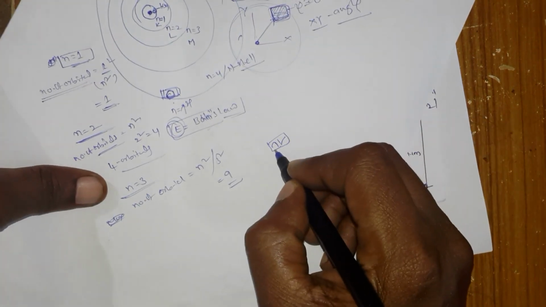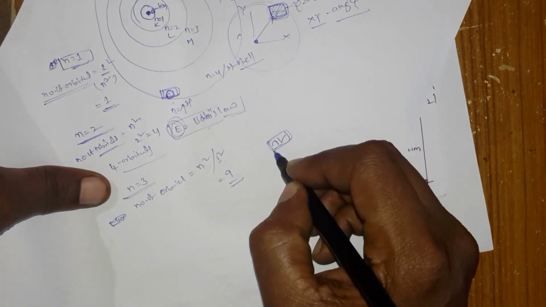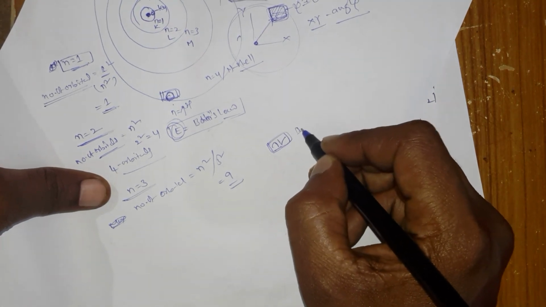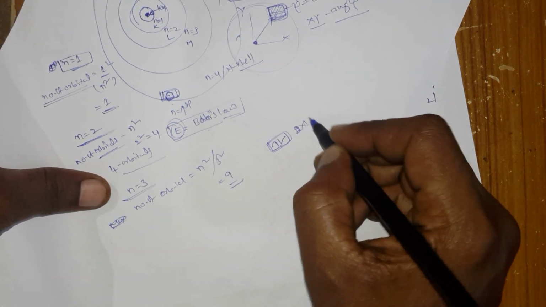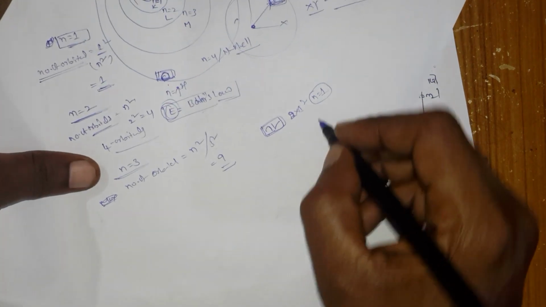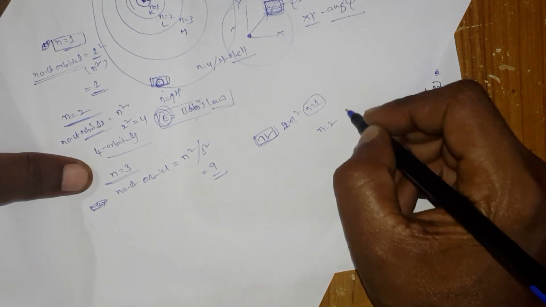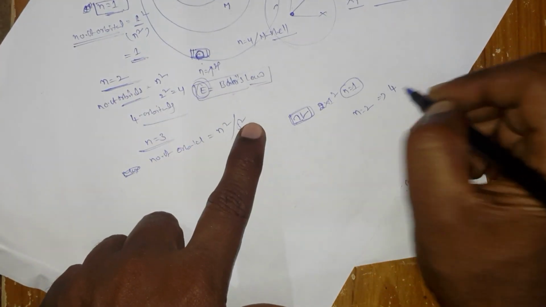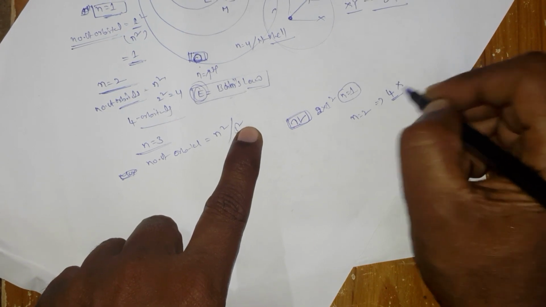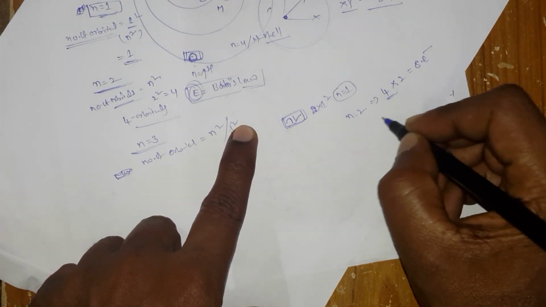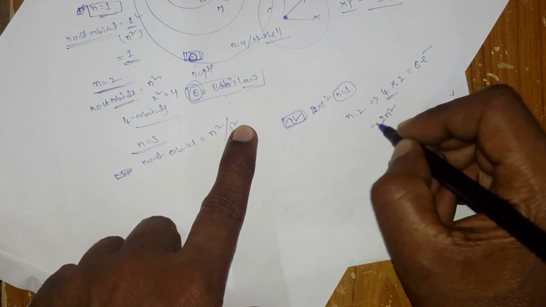If one orbital is there, you fill it with 2 electrons. So if n is equal to 1, it is 2 into 1 square. If n is equal to 2, there are 4 orbitals, so in the 4 orbitals, 4 into 2, that is 8 electrons maximum. That is nothing but 2n square.